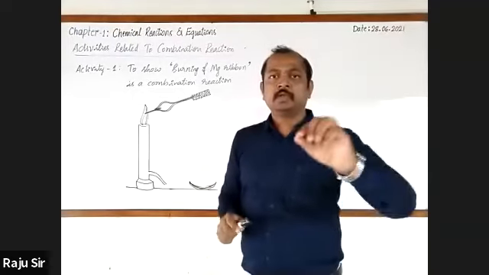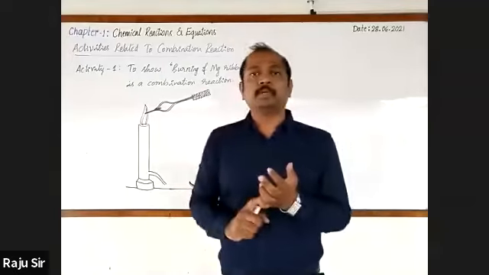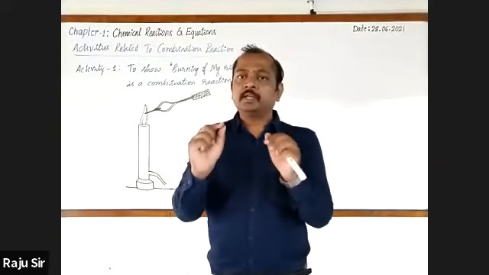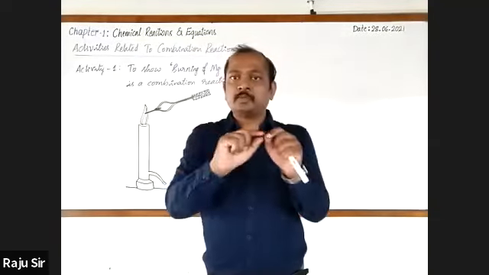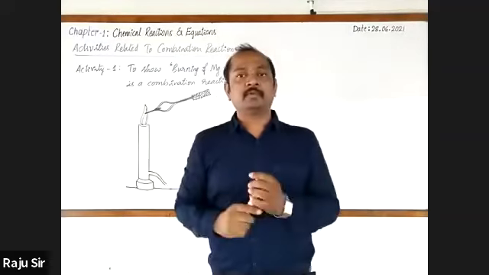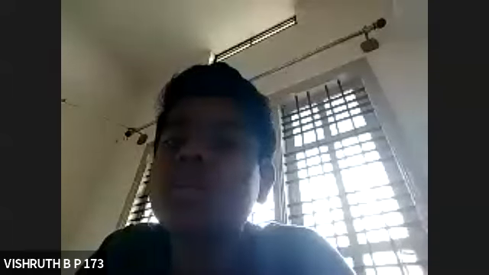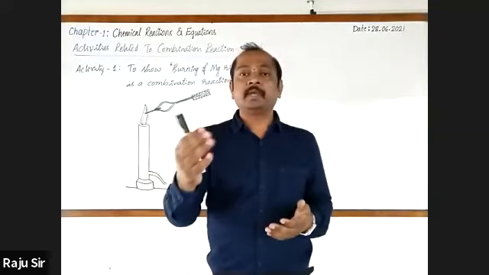Listen to me. Dear students, repeatedly I have been reminding you of one of the important points with respect to the magnesium ribbon: soon after taking the magnesium ribbon, it should be rubbed with a sandpaper, right? What is the reason for this? Because to remove the unwanted impurity called basic magnesium carbonate.